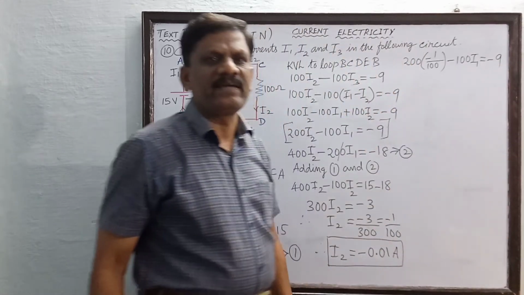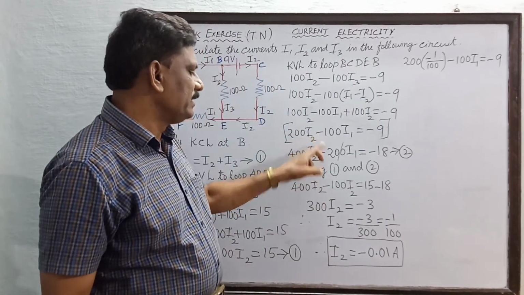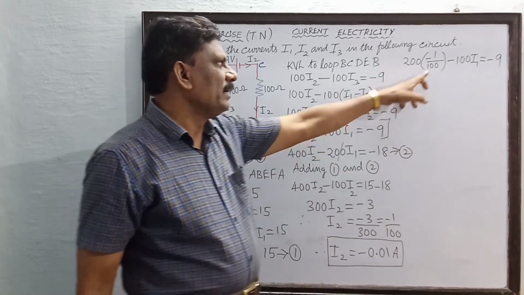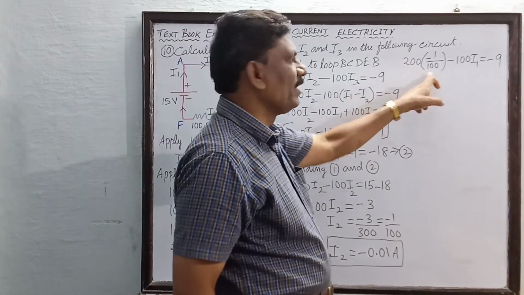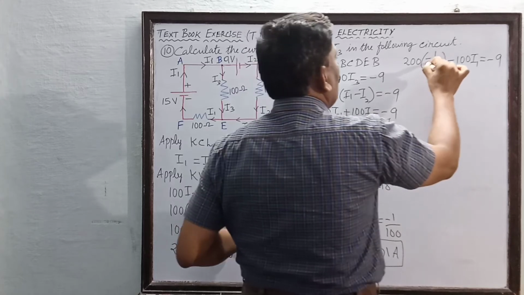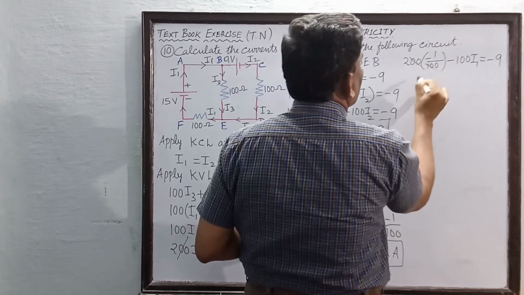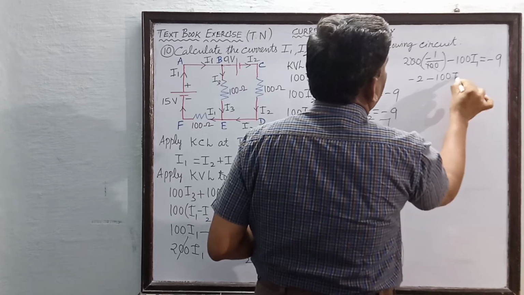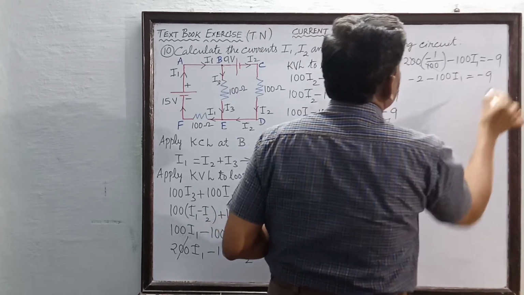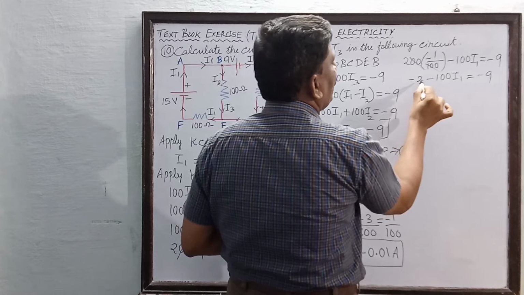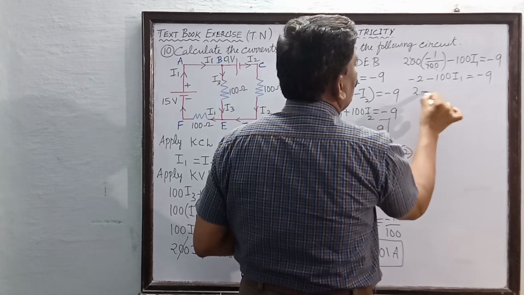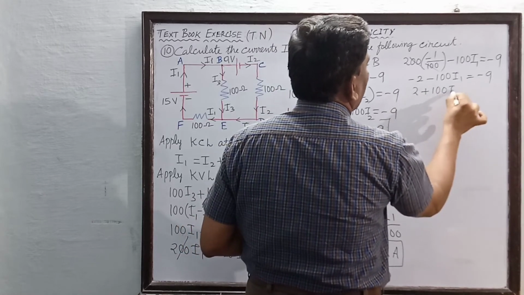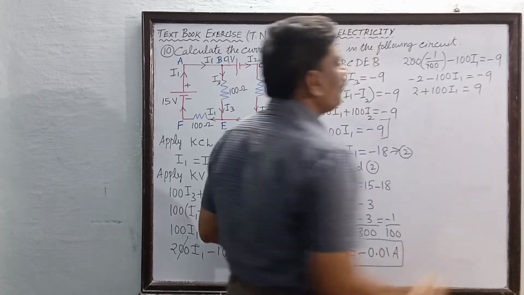In this equation I have substituted I2 is equal to minus 1 by 100. Minus 1 by 100 means easy for cancelling, is it not? So 100 and 2 zeros get cancelled. So this is minus 2 minus 100 I1 is equal to minus 9. So that minus, if I take out, means 2 plus 100 I1 is equal to 9.